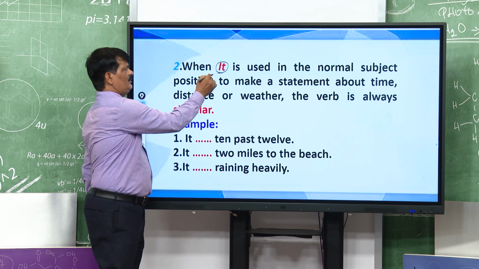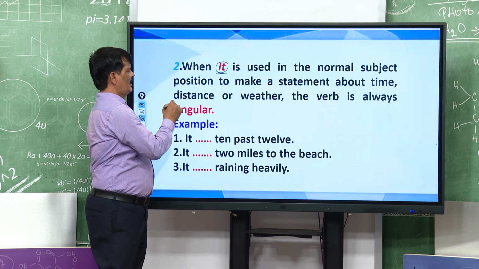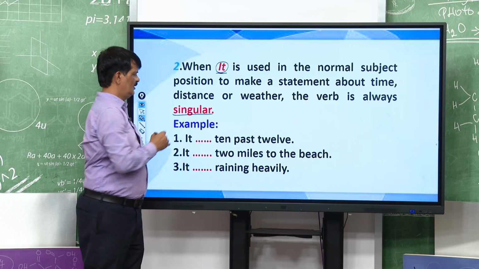Number 2: when "it" is used in the normal subject position to make a statement about time, distance or weather, the verb is always singular. You see, when "it" is used at the normal subject position, the verb will be singular.